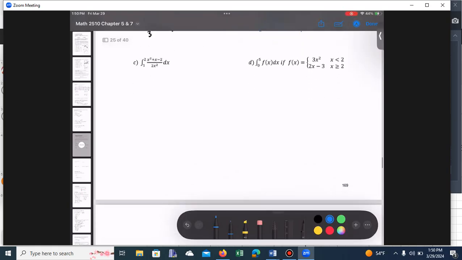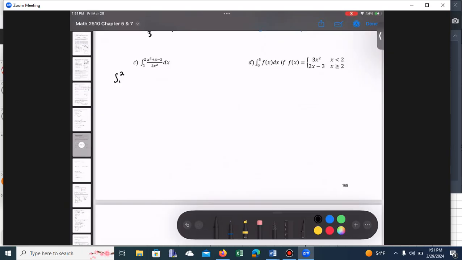Alright. Integral from 1 to 2 of (x squared plus x minus 2) over 2x squared dx. Let's adjust this some. There's a couple cool things here. One, we can do the integral of each part of these, but we've got to divide this out into different terms.